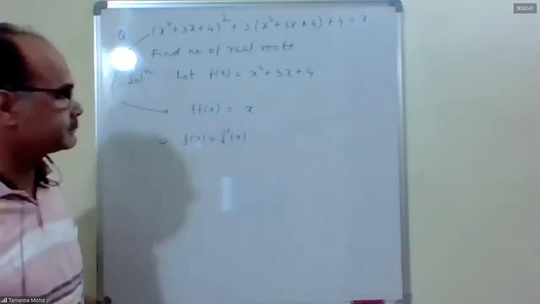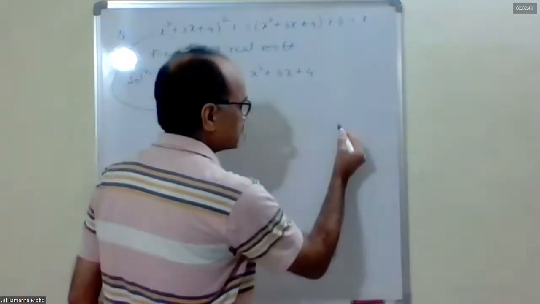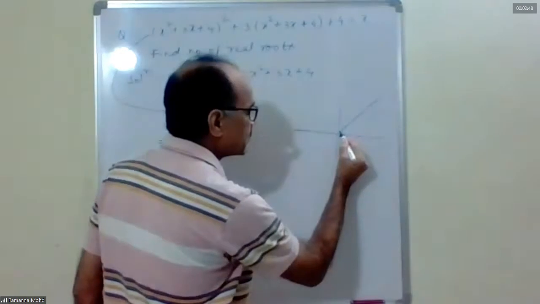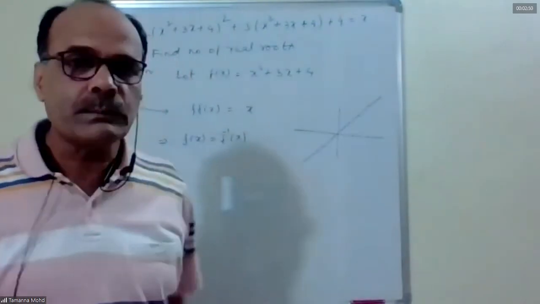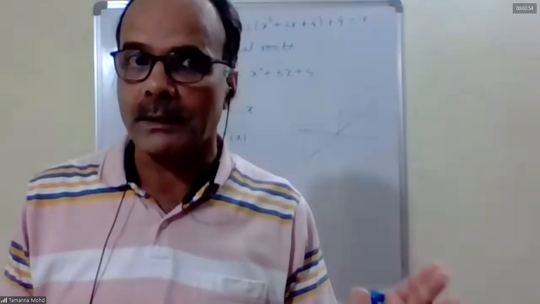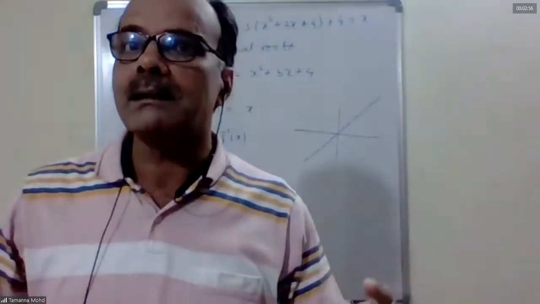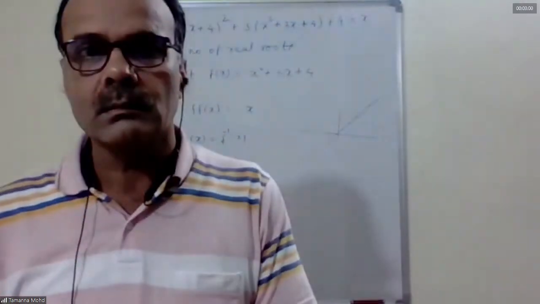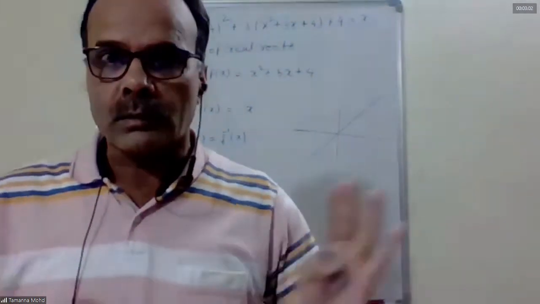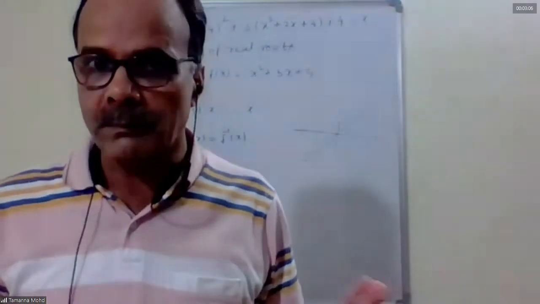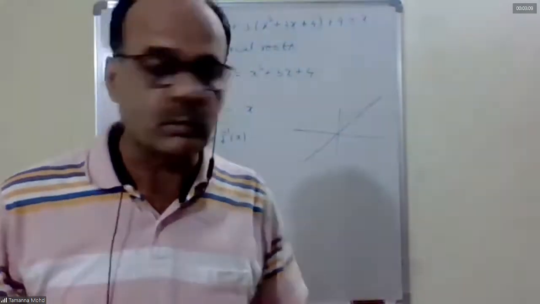Now, suppose this is y equal to x. What is the relation between f(x) and f inverse x? They are symmetrical about y equal to x. How do we get f inverse x? Just by replacing x by y. So graphs of y equal to f(x) and f inverse x are symmetrical about y equal to x.